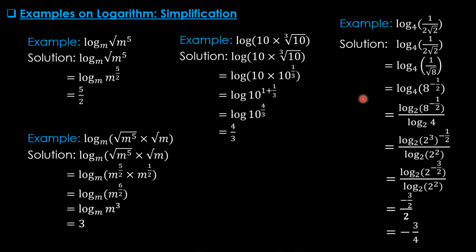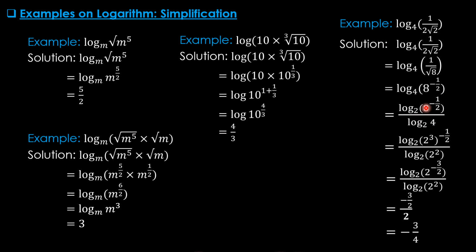As we have learned the change of base rule, log a to the base b we can write as log a to the base c divided by log b to the base c. Similarly, we are just changing this base 4 to 2, so this becomes log 8 to the power minus half divided by log 4.